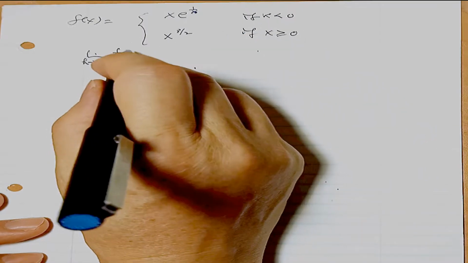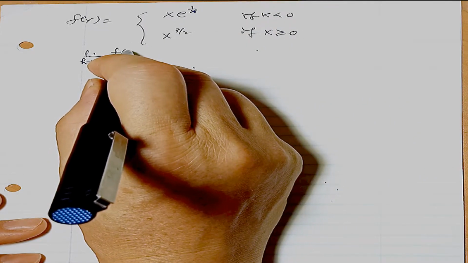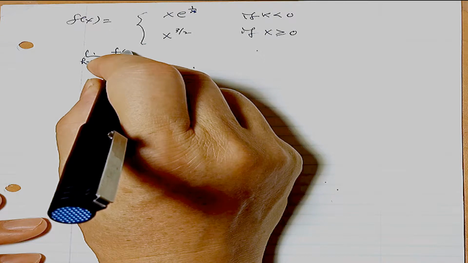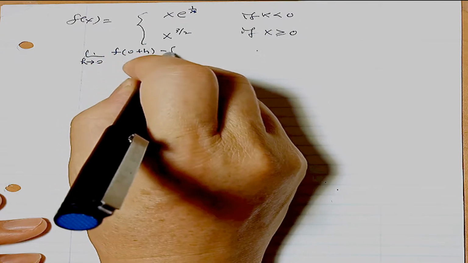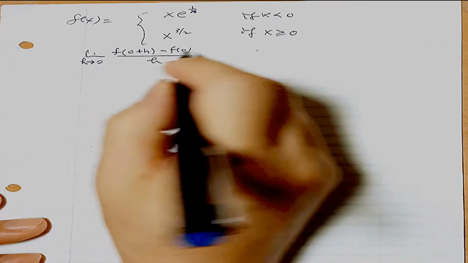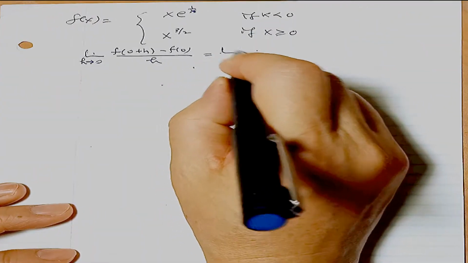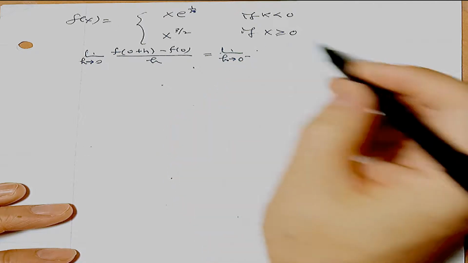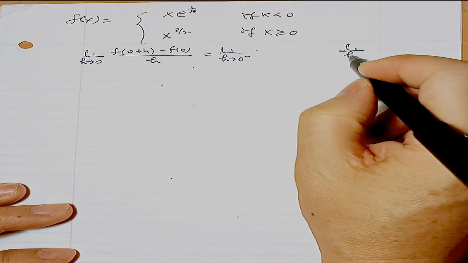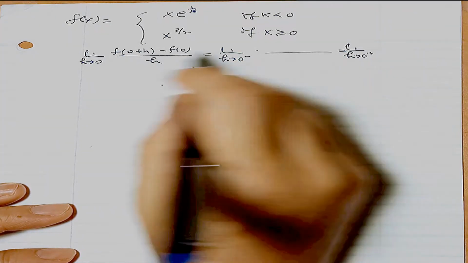Because that's the splitting point. So that becomes f of 0 plus h minus f of 0 all over h. Now, I did not specify left or right, so you have to prove the left is the same as the right for this function.